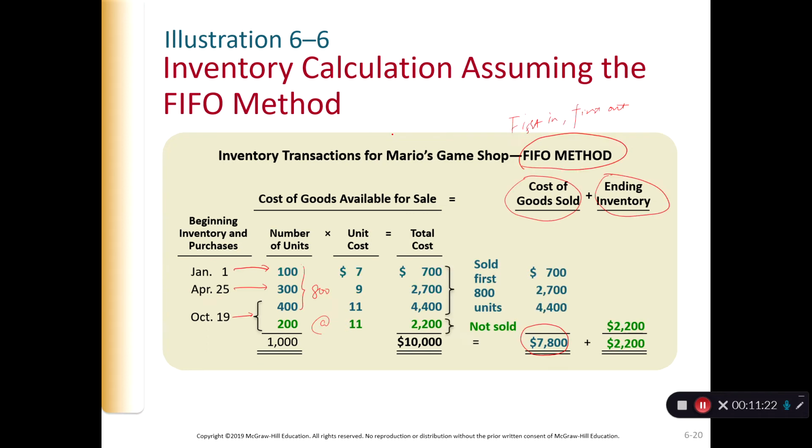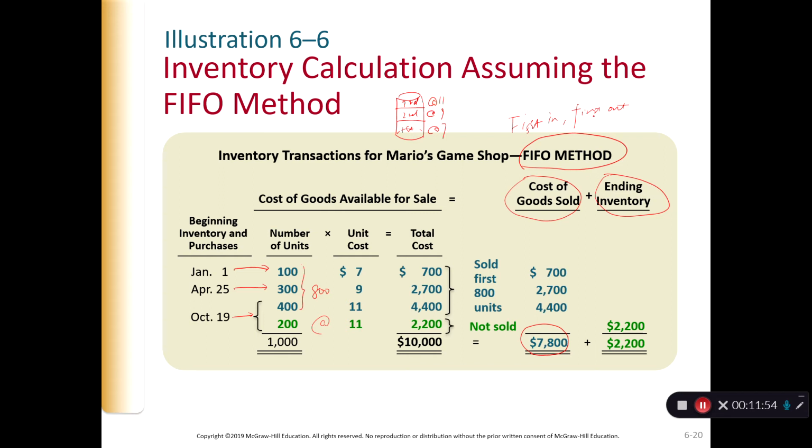More visually, if this is the inventory tube, there's a first layer here, second layer here, and third layer here. The first layer is the beginning inventory at $7 a piece, the second layer is the first purchase on April 23rd at $9 each, and the last layer is $11 a piece, right?